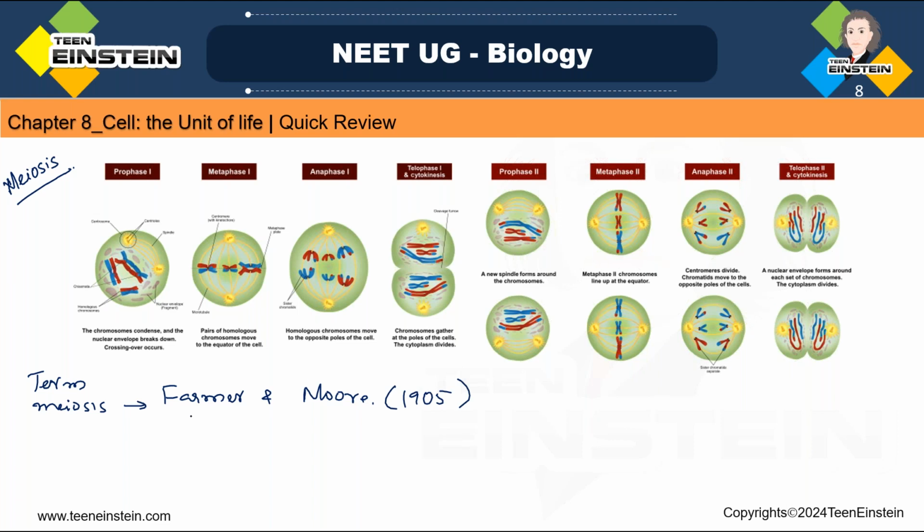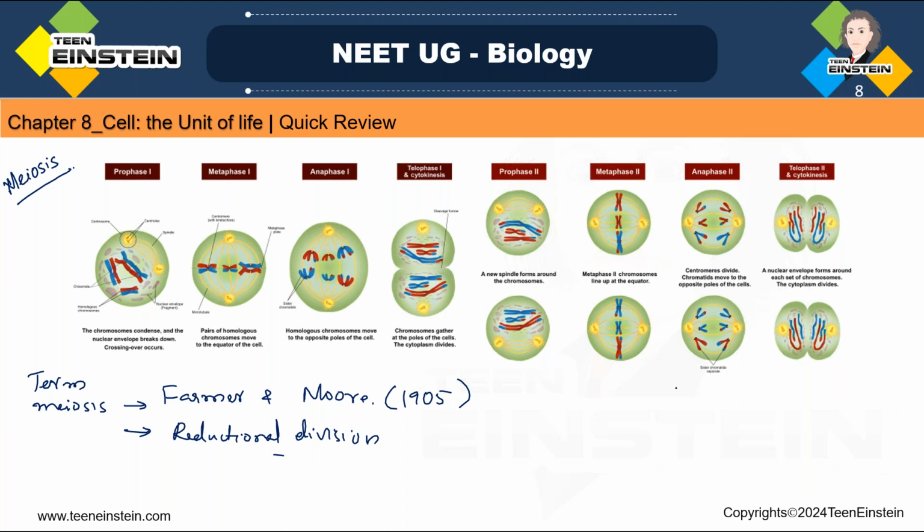So meiosis is also called reduction division, or reductional division. But mitosis is equational division, where it is equally divided. I'll say why meiosis is called reductional division while explaining the stages.